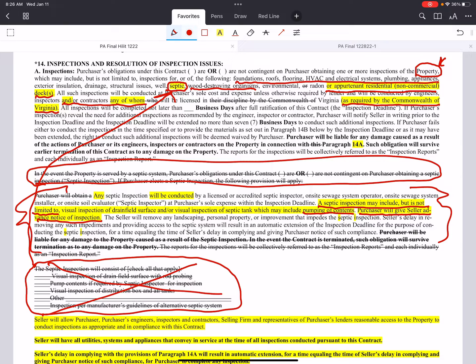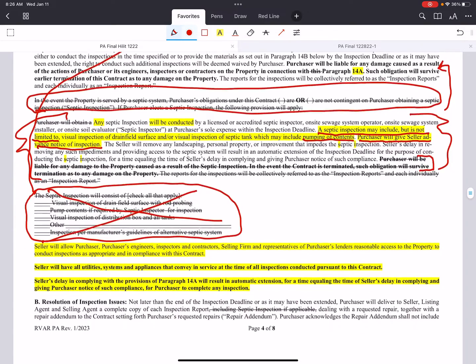And so we also got rid of this provision here where it talks about the purchaser being obligated and liable for any damage caused as a result of the inspection, because we addressed that right here. So we didn't feel like it was necessary to be redundant. And that is generally the changes that we've made to paragraph 14. And again, the biggest change is the septic process.